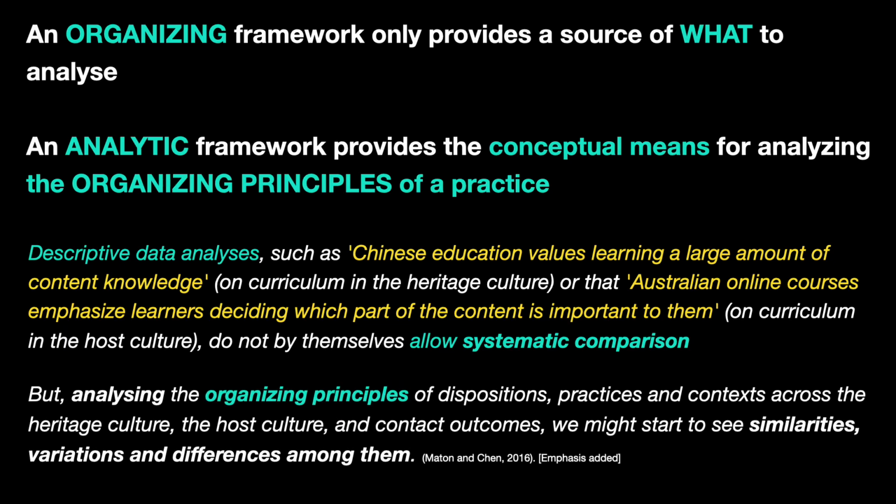But by analysing the organising principles of dispositions, practices and contexts across the heritage culture, the host culture and contact outcomes, we might start to see similarities, variations and differences among them. In other words, descriptive analysis only describes the realisations of the organising principles, but not the principles themselves.